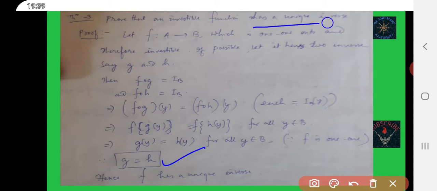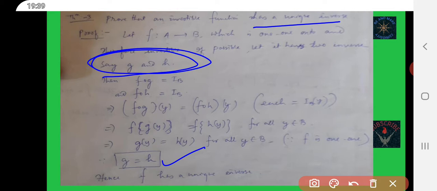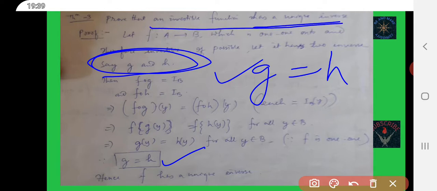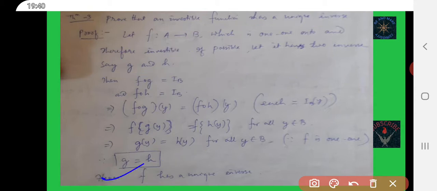The two inverses we have taken are equal. So we can say an invertible function has a unique inverse, exactly one inverse. Understood? That is, f has a unique inverse.